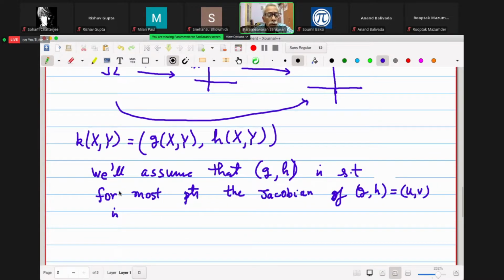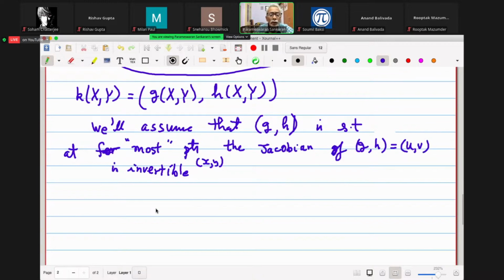That is, at most points x comma y in the domain, it is invertible. I also put "most points" within quotes; I don't want to make it very precise.